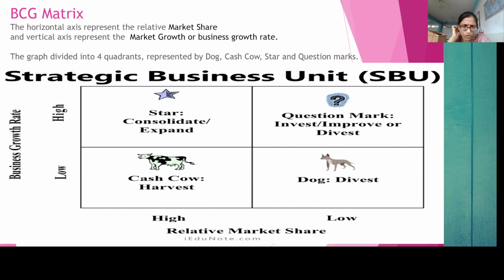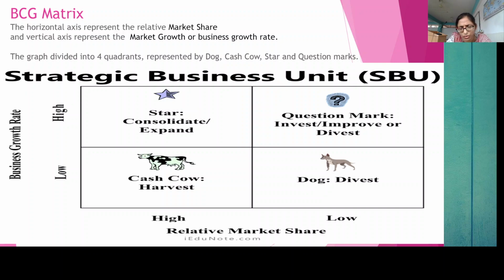So the next quadrant has high business growth rate and low relative market share. Here, as a marketer, we have to decide.